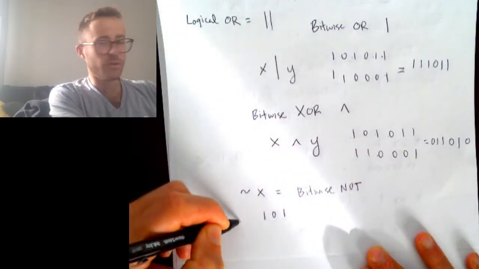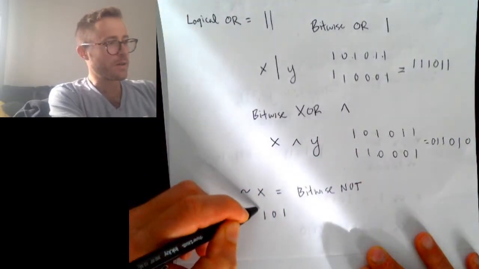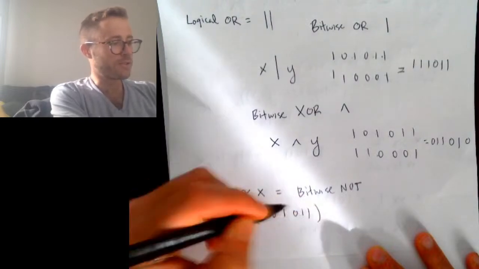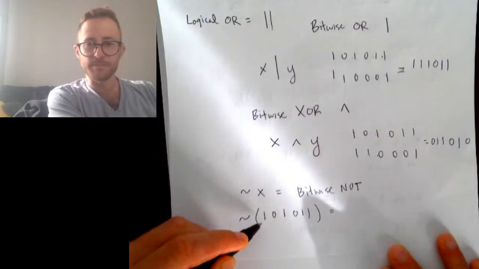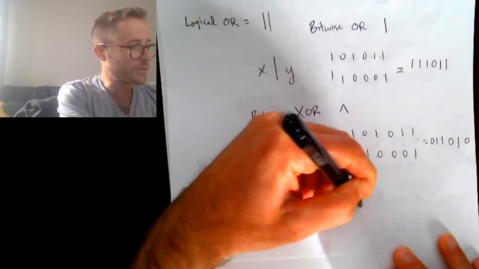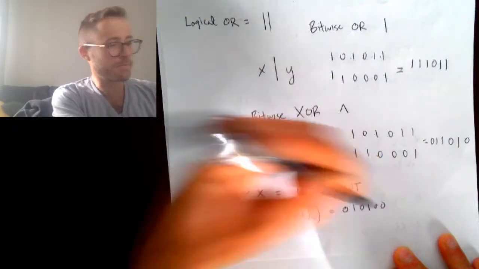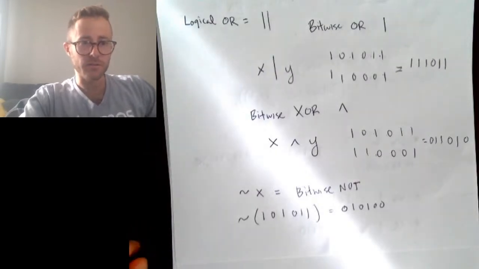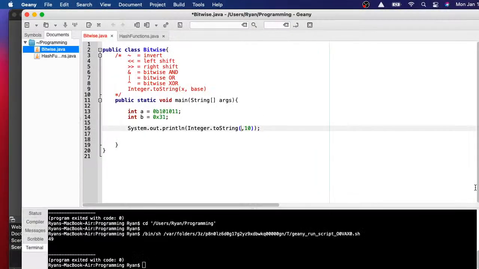Okay, so if you did squiggle 1, 0, 1, 0, 1, 1, it's going to reverse every single bit, and it's going to give you 0, 1, 0, 1, 0, 0.